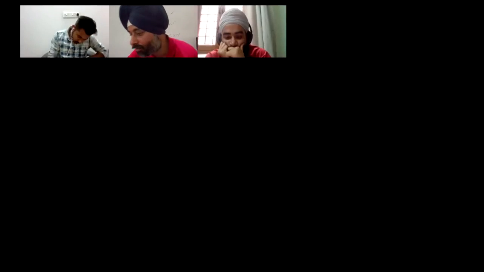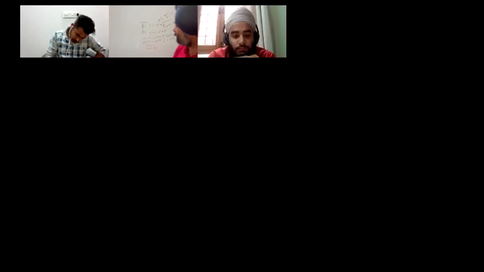Okay, now we determine these values by equating the exponents. This means M to the power 0 is M to the power x plus y. This means x plus y is equal to 0. This implies that x is minus y. This is the first expression that we're getting.